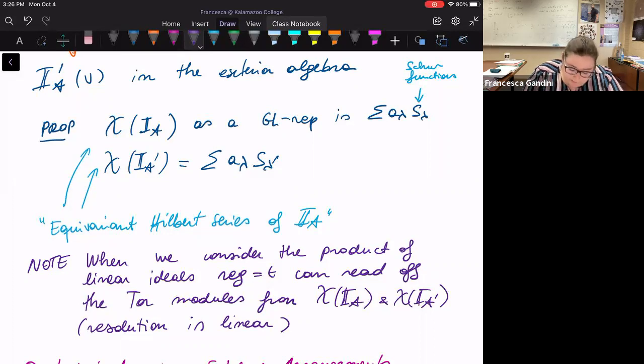This was my previous work, building on the work with Derksen and Sidman over the symmetric algebra, to a similar result over the exterior algebra.